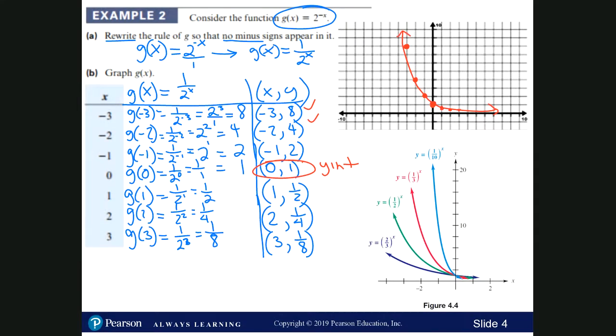And so we also have the same horizontal asymptote. So it doesn't matter how large our x values get. If our function is this, and let's say we want to make x a 50. So this will be 1 over 2 to the power 50.